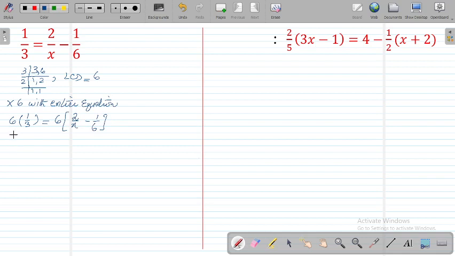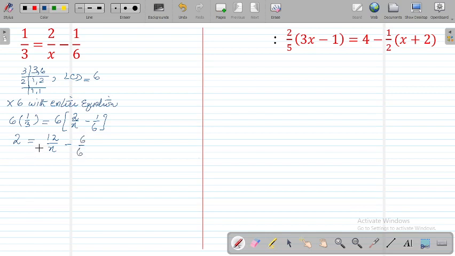Okay. Now what we can do, this 6 is being divided by 3. So what remains is 2 is equal to, this 6 will be multiplied with this 2, it will give us 6 twos are 12 upon x, minus 6 multiplied with 1 gives you 6 upon 6.